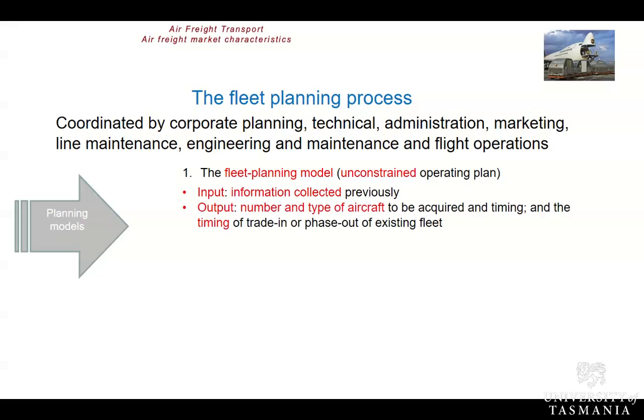And essentially, at this particular point in time, you're not going to put any constraints on what the makeup of your fleet is going to be. So no constraints at this point. It's open-ended, putting in all the information that you gathered. You're going to get a range of aircraft, not in consideration of any constraints, a list of aircraft to choose from.